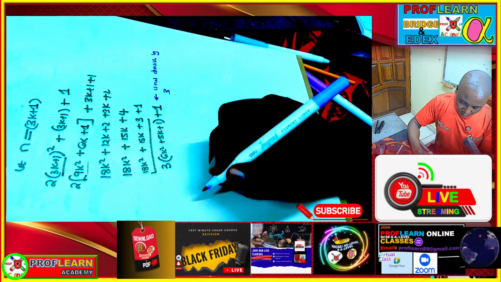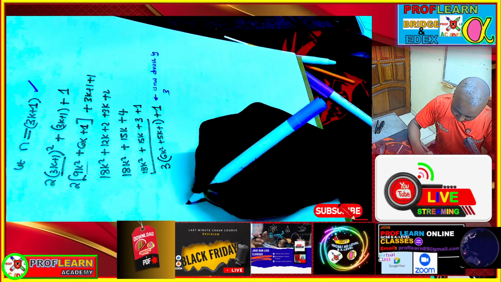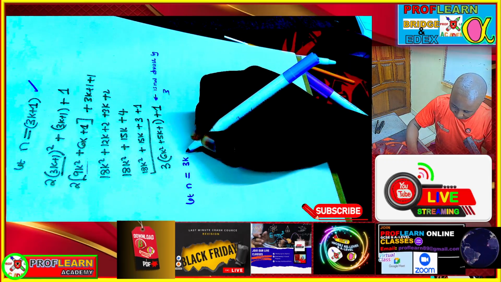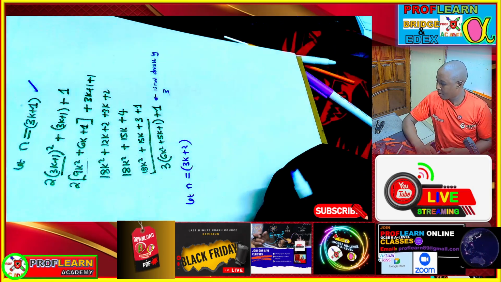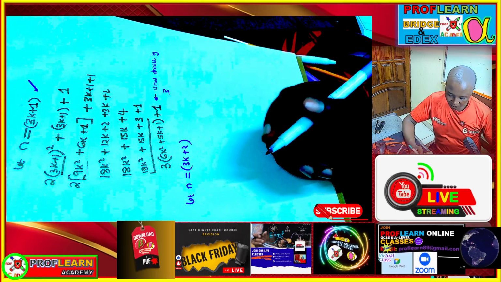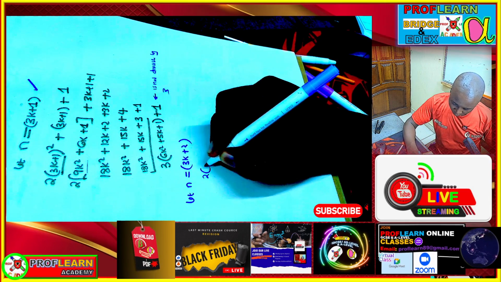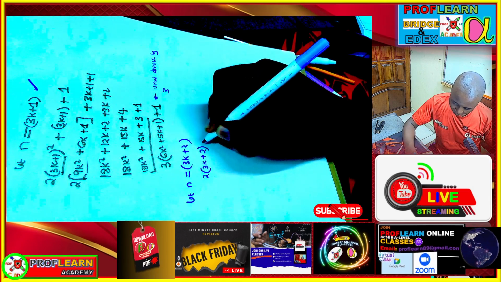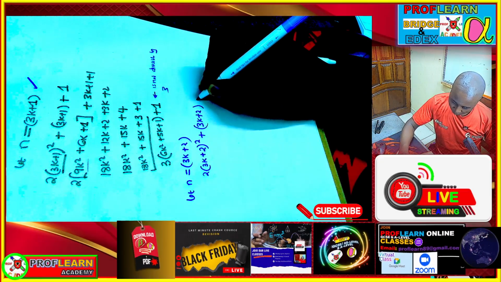Then, now that we worked out that, we can also say let n be equal to 3k plus 2 now. 3k plus 2, or 3k minus 1. If we substitute it here, we are going to have 2 into (3k plus 2) squared plus 3k plus 2 plus 1.